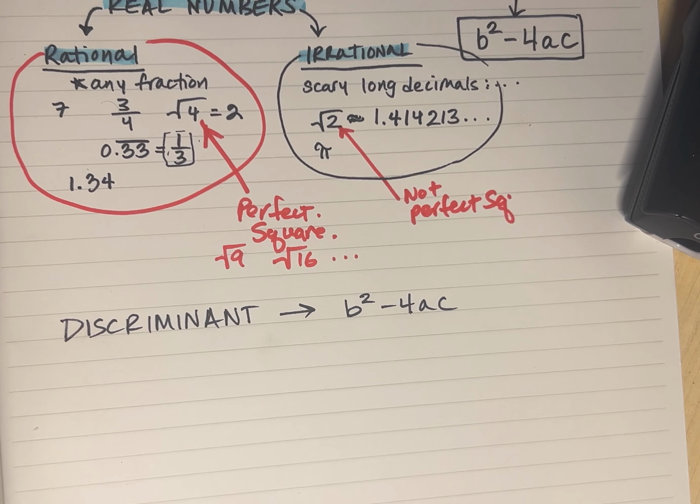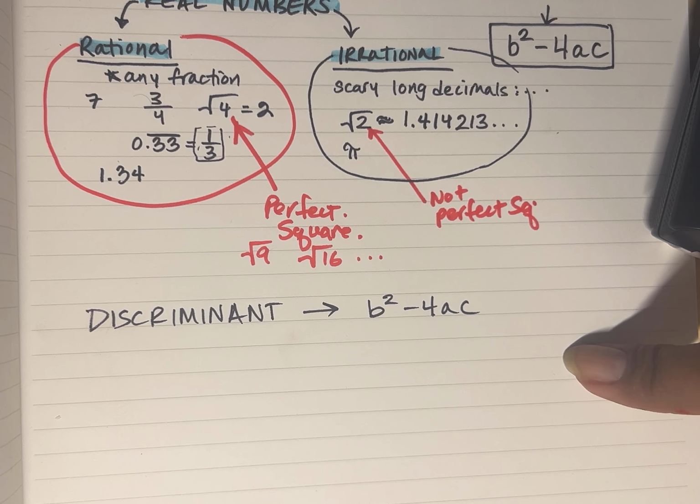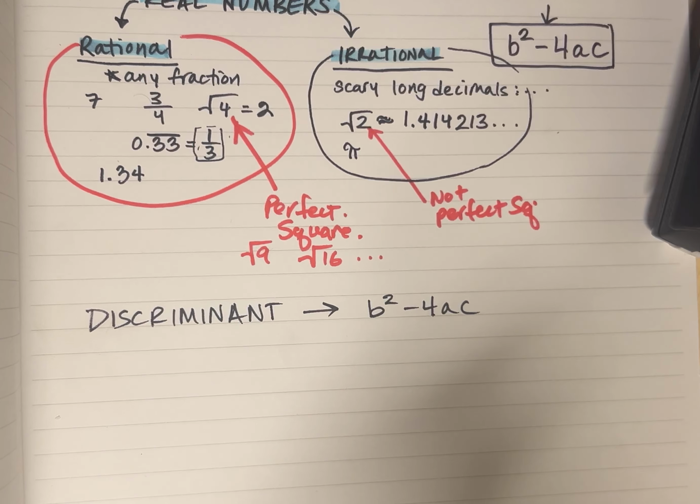I want to talk about where that is in my quadratic formula. In my quadratic formula, this b squared minus 4ac is inside of a what? Talk to your partners. What is that inside of in my quadratic formula? If you said it's inside of a square root, you're right.